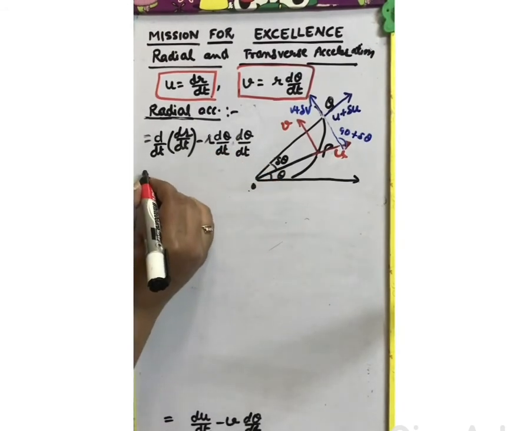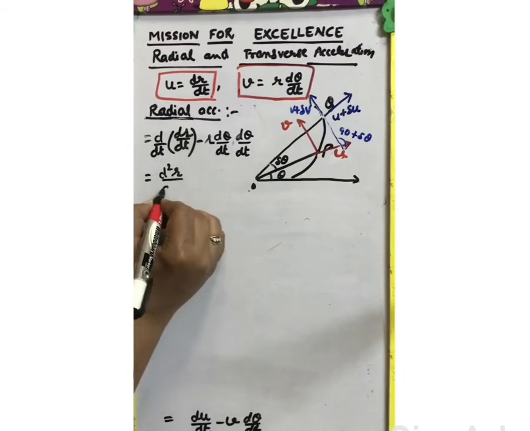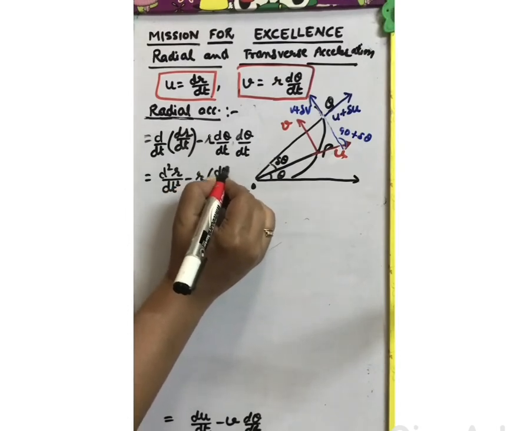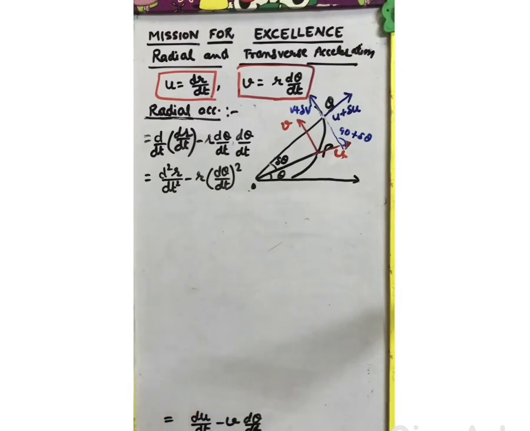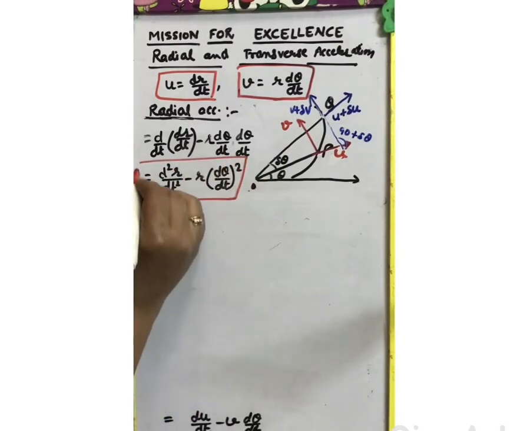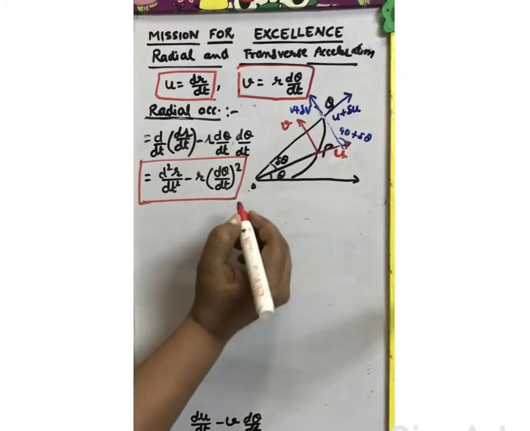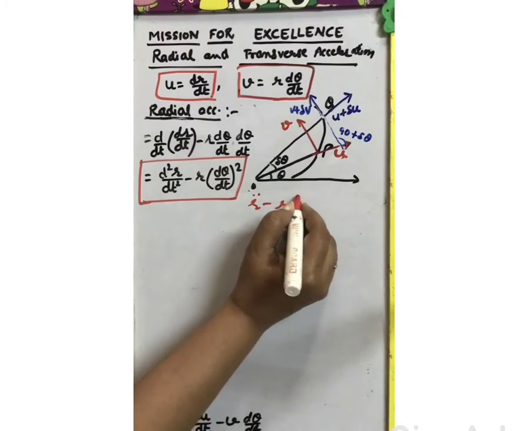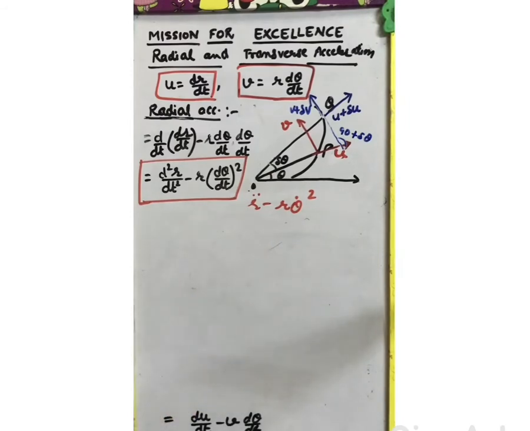So we have radial acceleration as d2r by dt square minus r (d theta by dt) whole square. So this is the expression for radial acceleration. We can write it as r double dot minus r theta dot square also, in the dot notation.